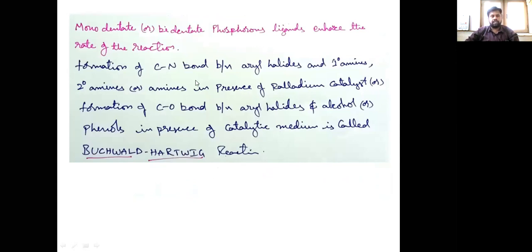The formation of a carbon-nitrogen bond between an aryl halide and a primary or secondary amine in the presence of a palladium catalyst, or the formation of a carbon-oxygen bond for ethers between aryl halides and alcohols or phenols in a catalytic medium, is called the Buchwald-Hartwig reaction, right?